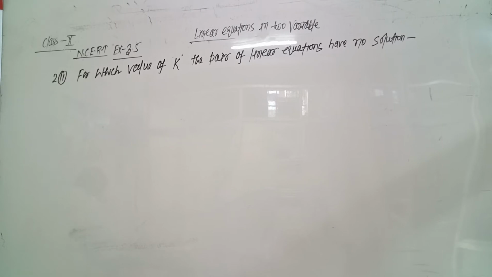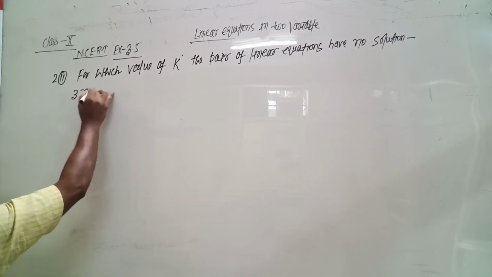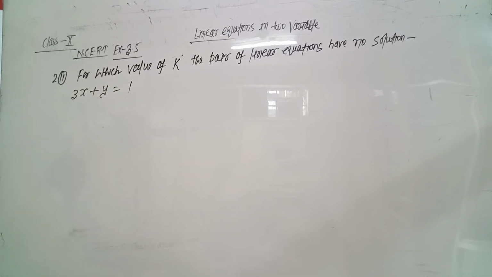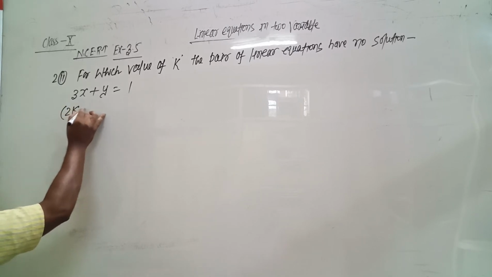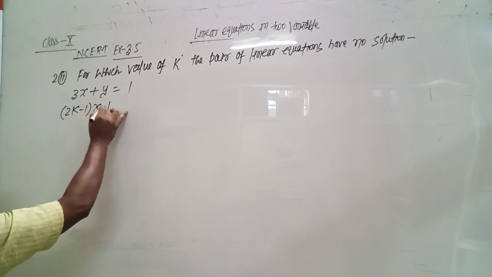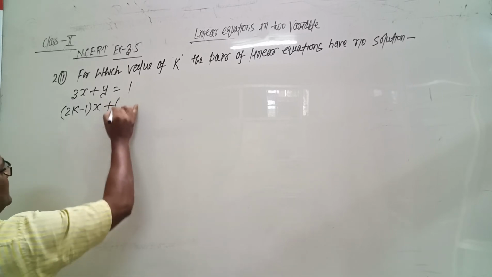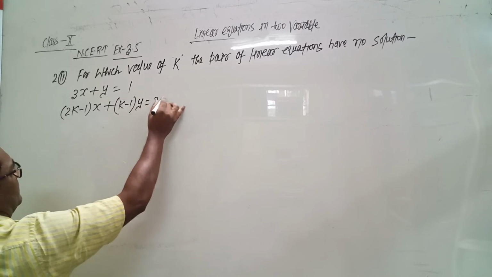So 3x plus y equals to 1. Question is 3x plus y equals to 1. And 2k minus 1 into x plus k minus 1 into y equals to 2k plus 1.